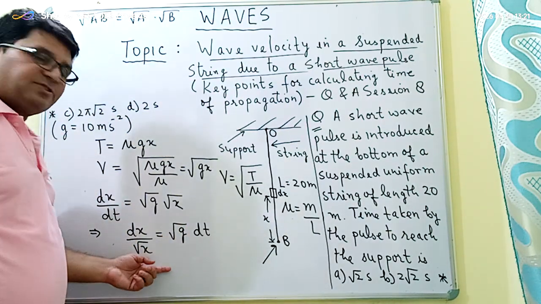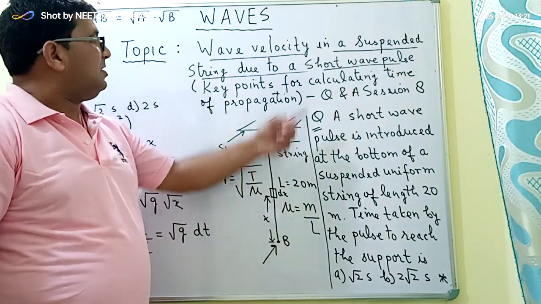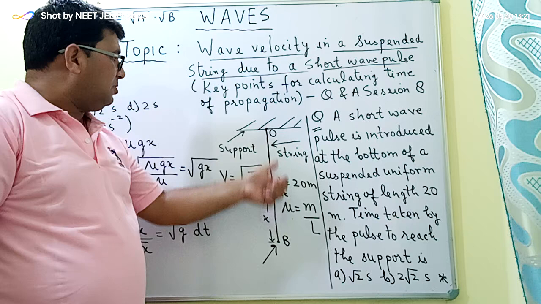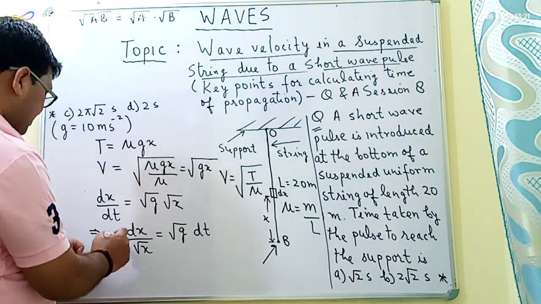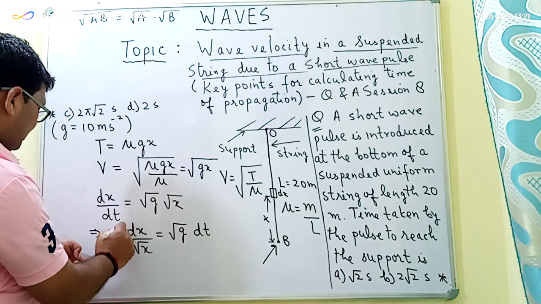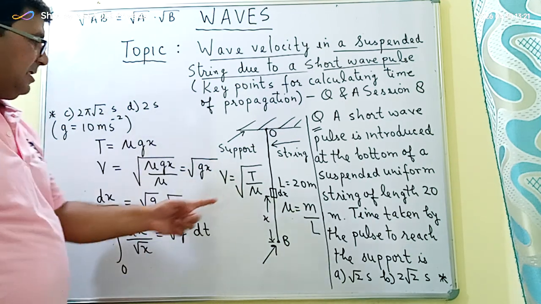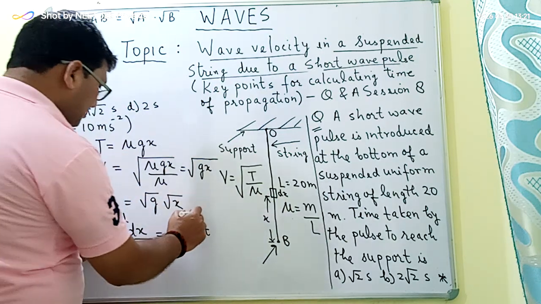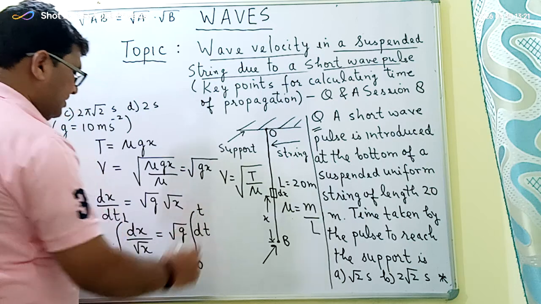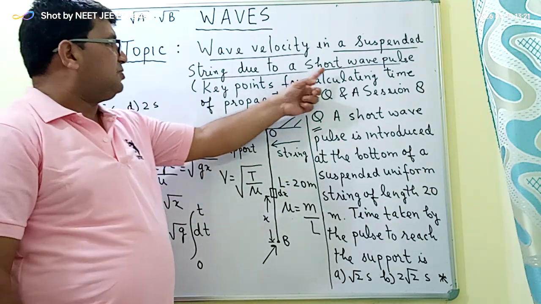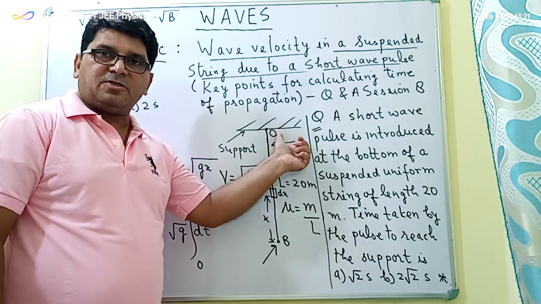Now if I integrate this equation for the entire duration for this short wave pulse to reach this point O, then this equation can be further written as integration within the limits of 0 to L, where L is the length of the string, and the limits of integration on the other side will be from 0 to T, where T is the time taken by the short wave pulse to reach this top point, or you can say the support.